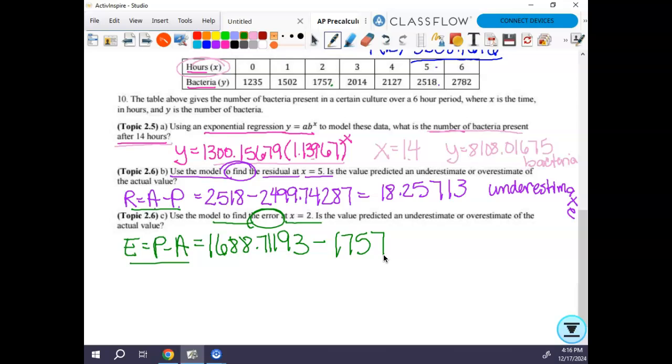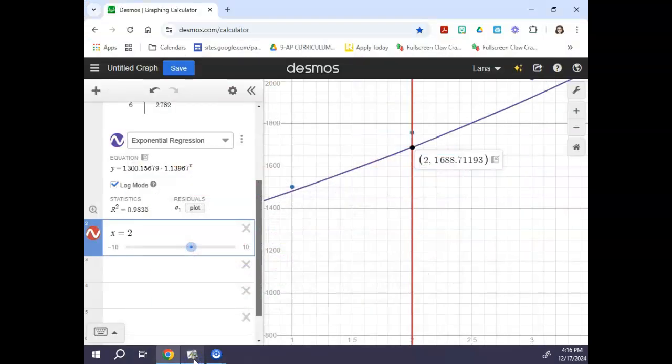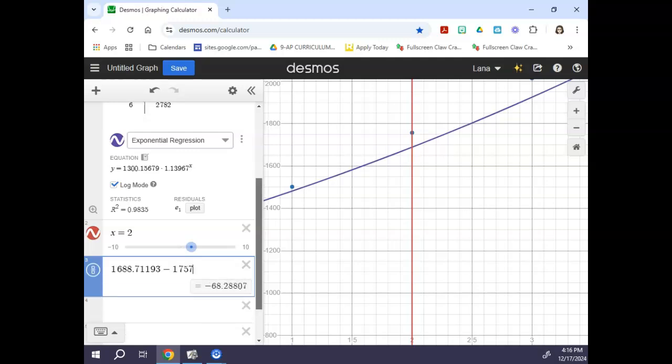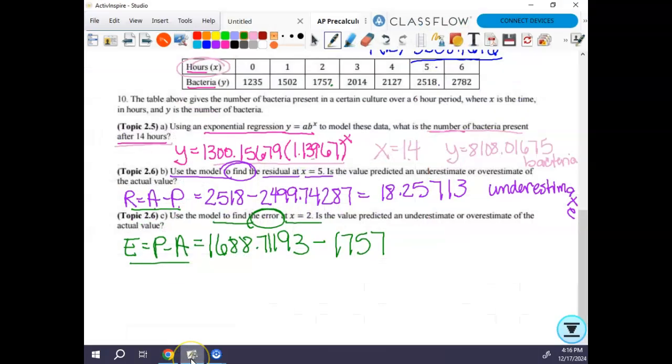And when I do that, and I come over here and I actually subtract them, the whole numbers there, 1688.71193 minus 1757 gives me negative 68.28807.